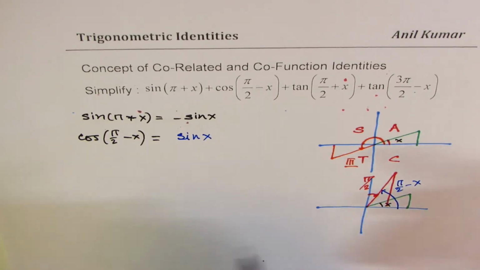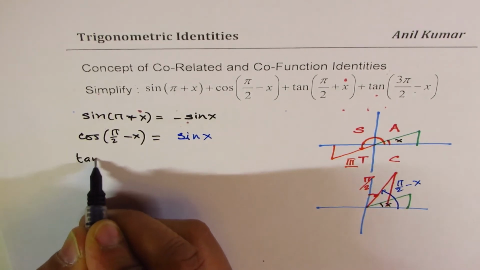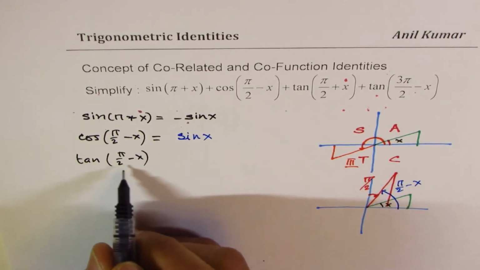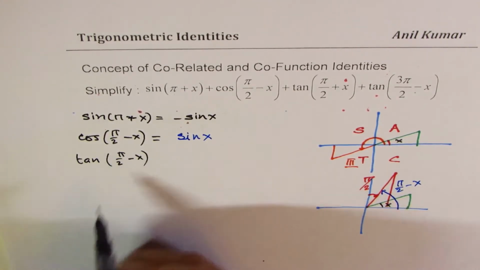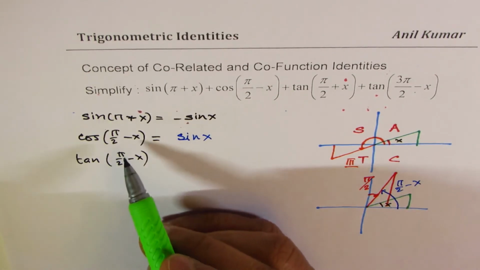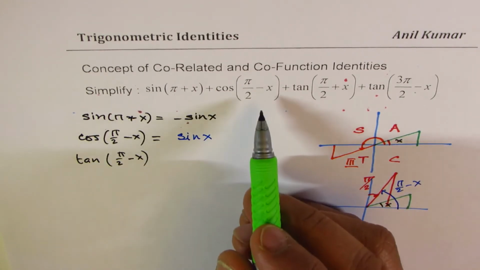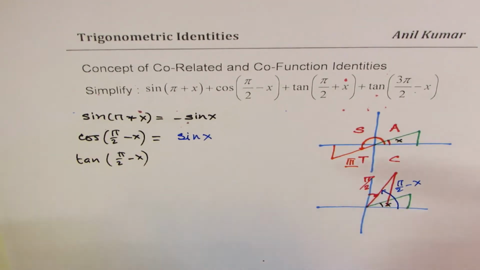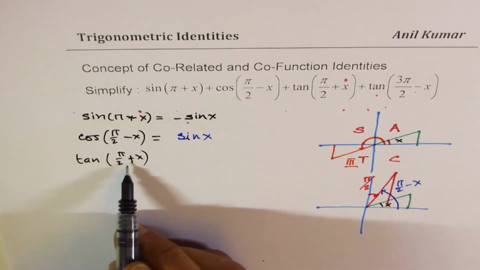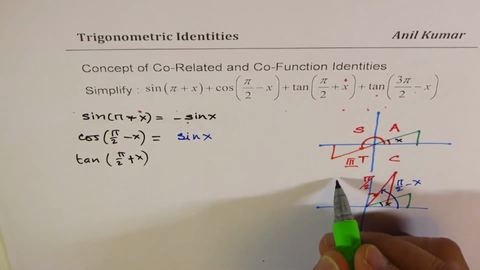Now let's take the next term, which is tan pi by 2 minus x. Now that is also a cofunction. Whenever you have pi by 2 or 3 pi by 2 involved, we are looking into cofunctions. So let me sketch this one again for you. Well, pi by 2 minus x, I'm sorry, this is plus x. Okay, tan pi by 2 plus x, that's better. So pi by 2 plus x means we are in quadrant 2, right?